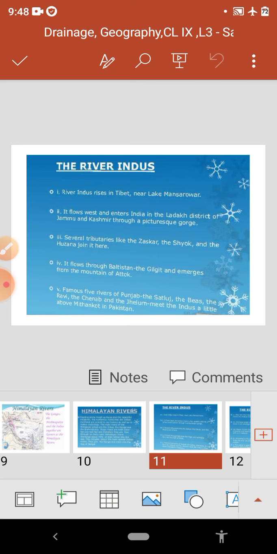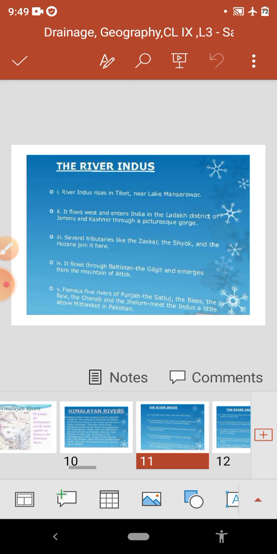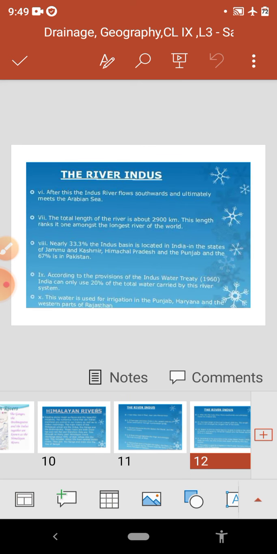It flows west and northwestwards and enters Indian territory in Jammu and Kashmir. This river passes through Kailas Range and forms a spectacular gorge. It flows through Ladakh, Baltistan, and Gilgit to finally emerge out of the hills at Attock.